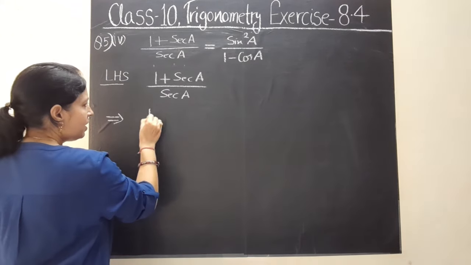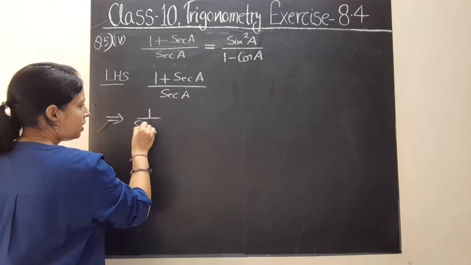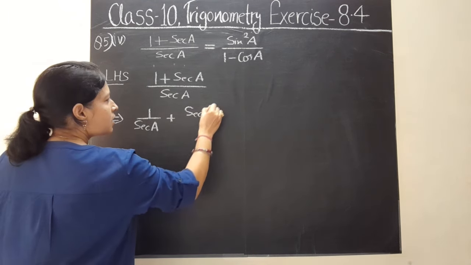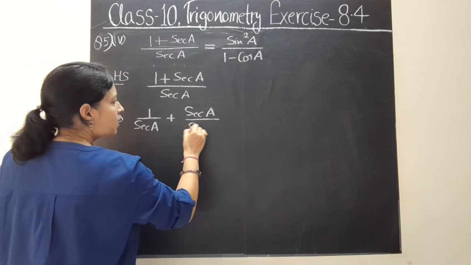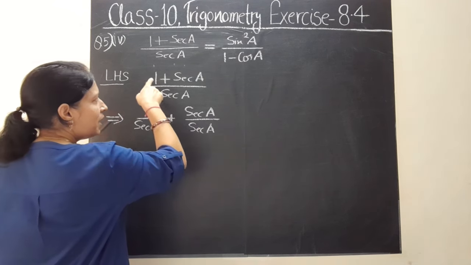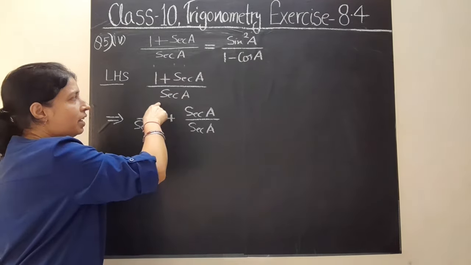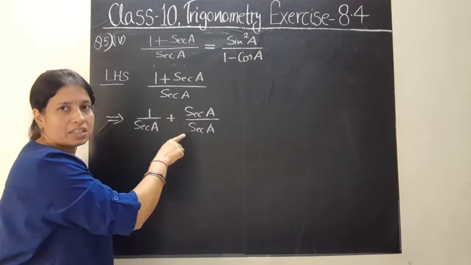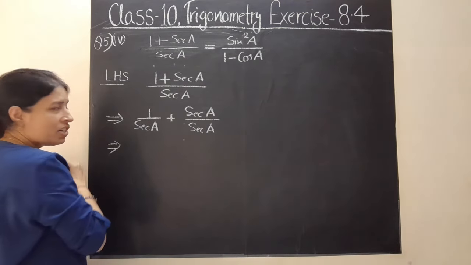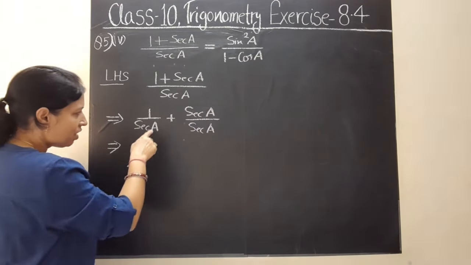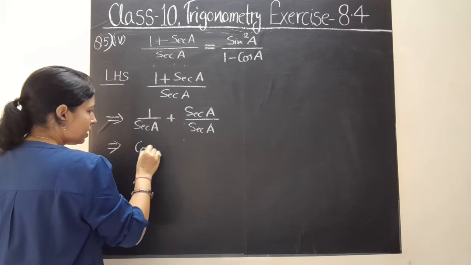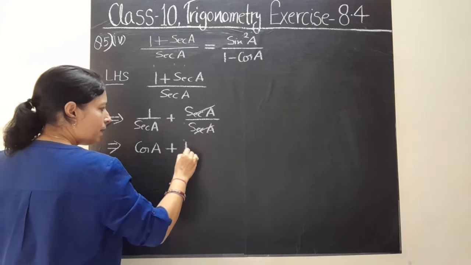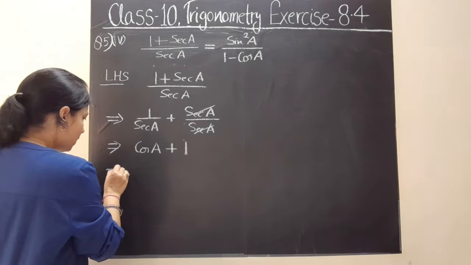So we can write it as 1 by sec A plus sec A divided by sec A. Divide both terms 1 and sec A by this sec A. So it will come 1 by sec A plus sec A divided by sec A. So 1 by sec A is equal to cos A. So in place of this 1 by sec A we can write cos A. Here it will cut and you can write cos A plus 1.